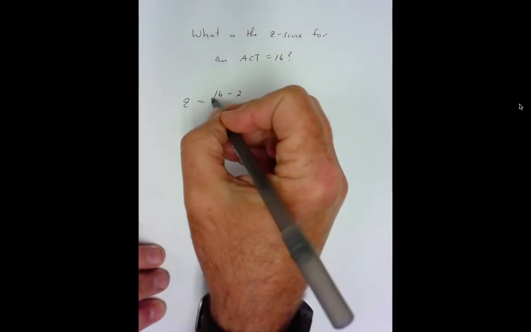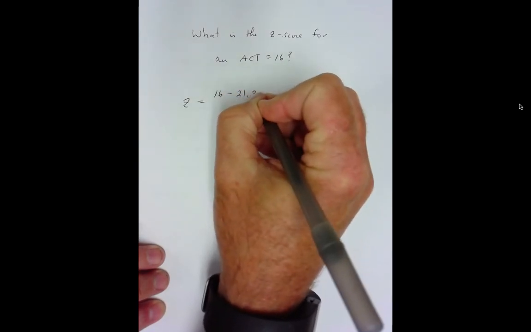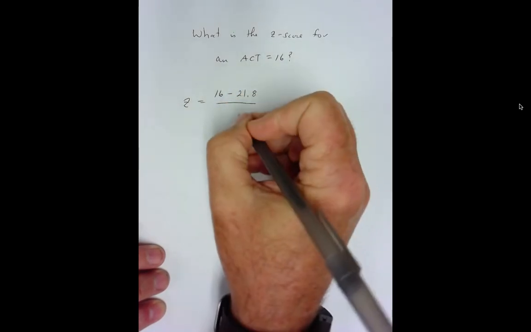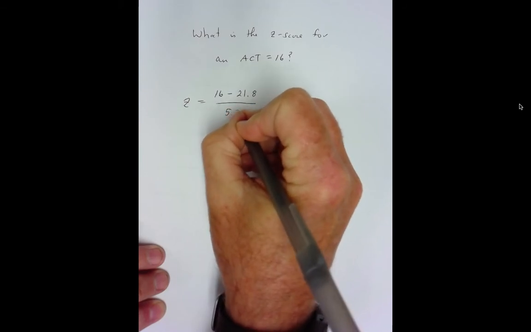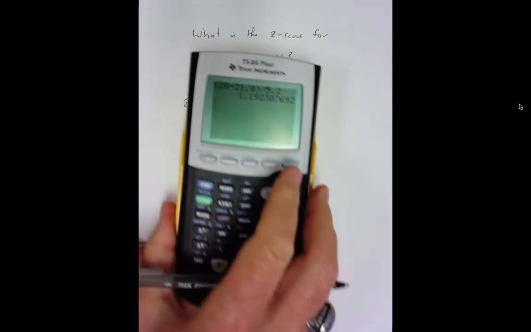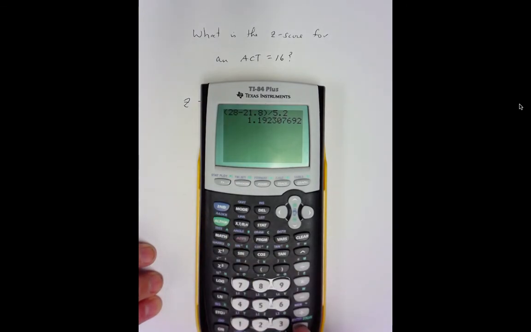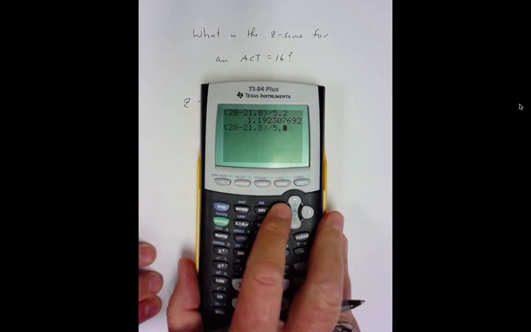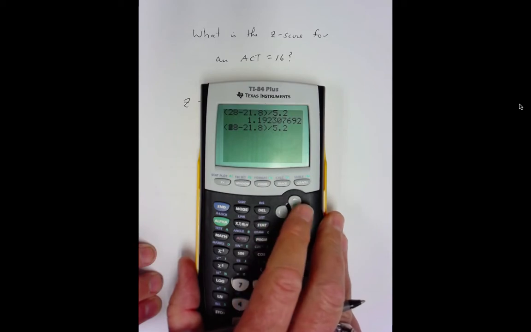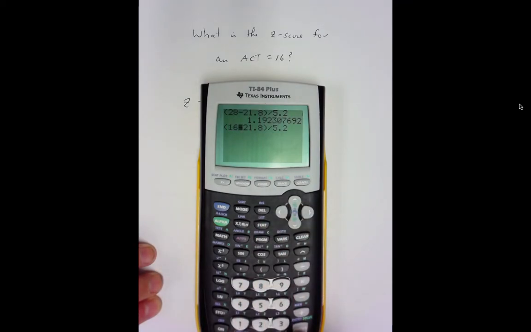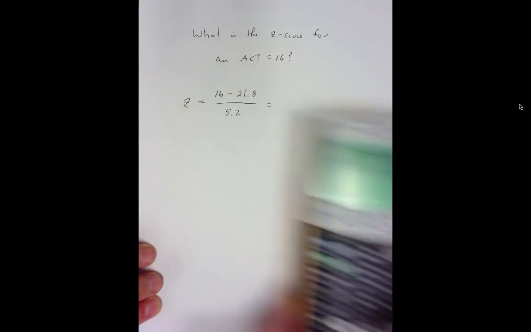So put in the score of 16 minus 21.8 over the standard deviation of 5.2. So guys, really right here, all I need to do is just go second function entry. And the only thing I need to change is just 28 to 16. And you'll see that we get a negative z-score here of negative 1.12.